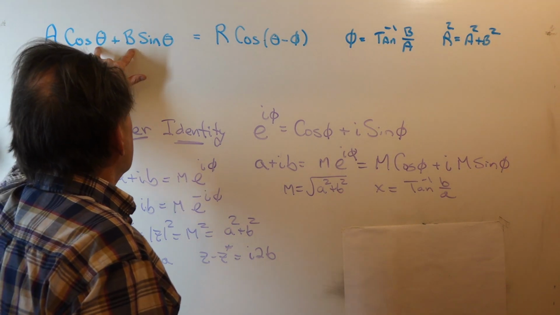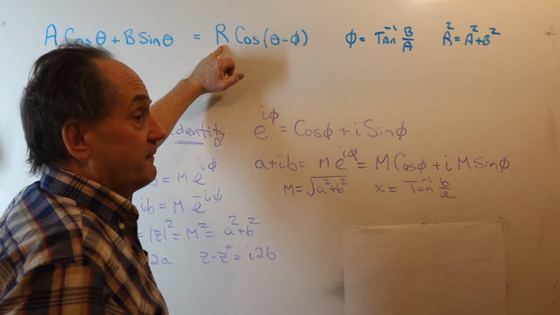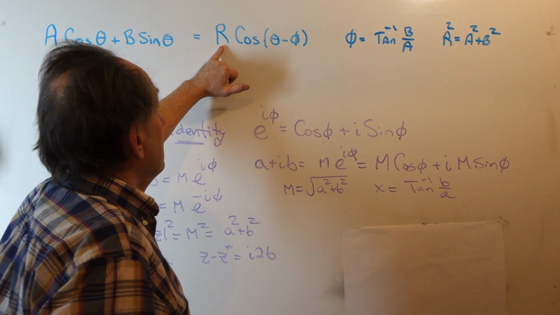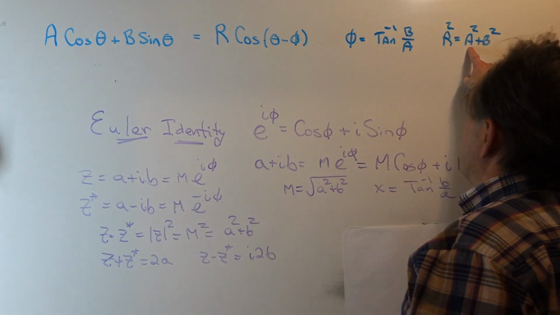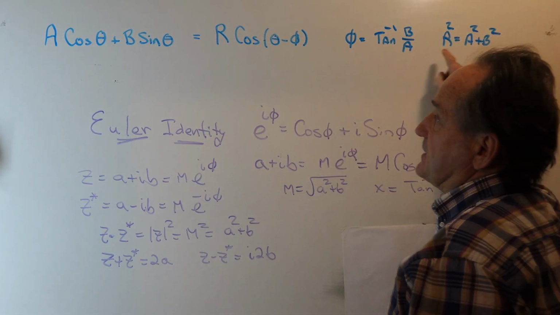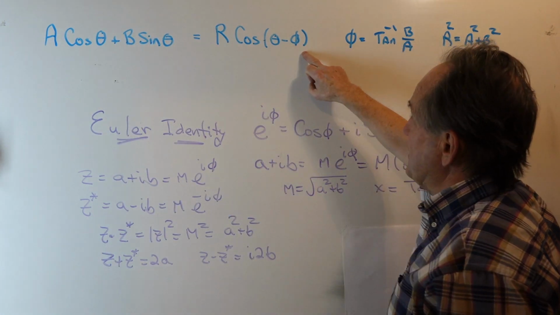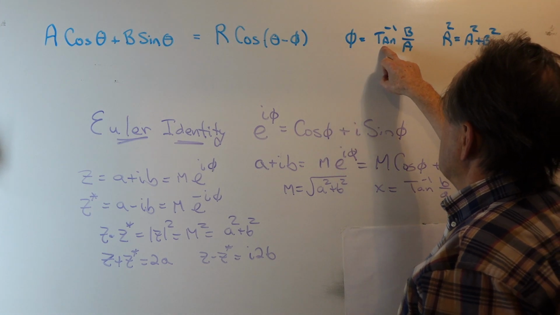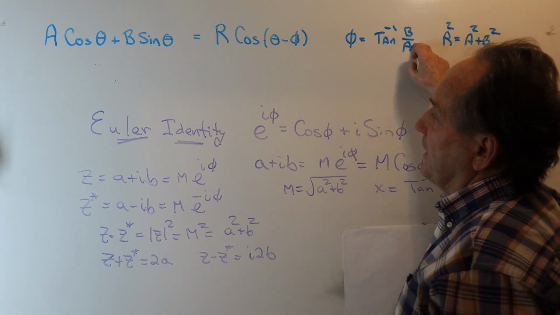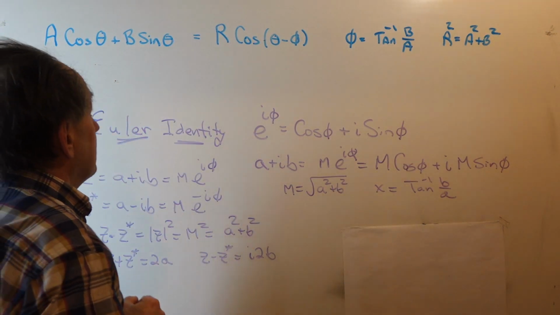And then the sum of these two ends up being a sinusoid of a modified amplitude, where the amplitude is the square root of the sum of the squares of the individual amplitudes, and it's phase shifted by an angle phi, where phi is the arctangent of the ratio of the two amplitudes of the sinusoids.